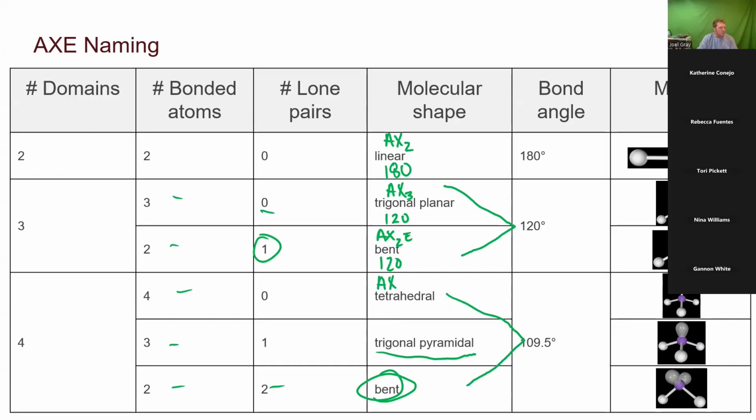So AX4. Then there's that. AX3E and then AX2E2. Can you give me a 9 in the chat if you say, oh, I got that. I can do that. Can you give me a 7 in the chat if you think, hey, this seems kind of straightforward?